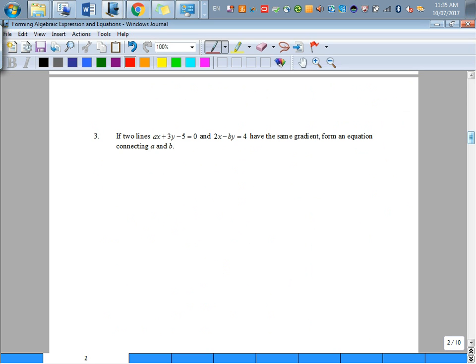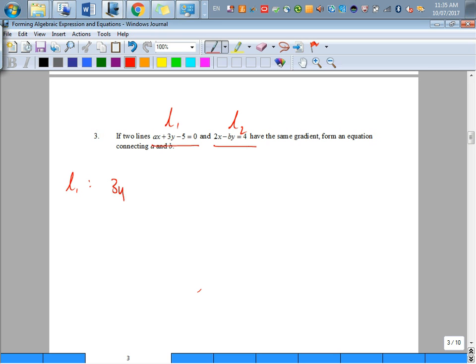Okay, next, question 3. Who needs me to go through? You ready? 2 lines. First line, second line, same gradient. How do we find a gradient from a line, from an equation? We need m. In particular, y equals to mx plus c, then we find the value of m. So let's call this line 1, line 2. So from line 1, we want to change it to form y equals to mx plus c.